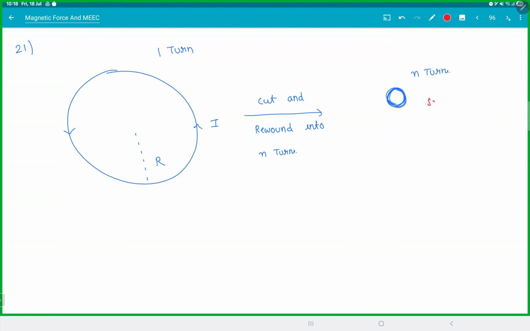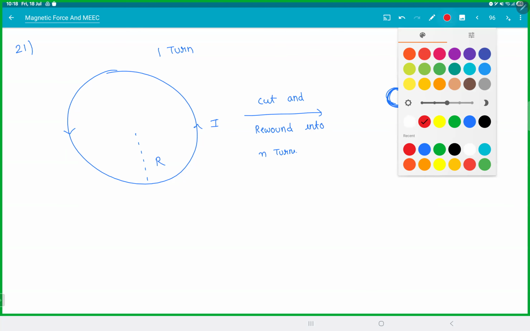Find the ratio of the magnetic field before and after.